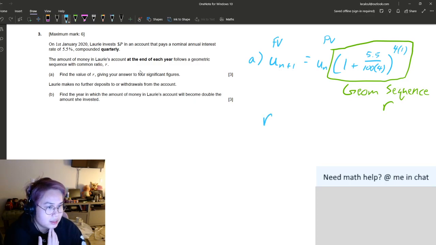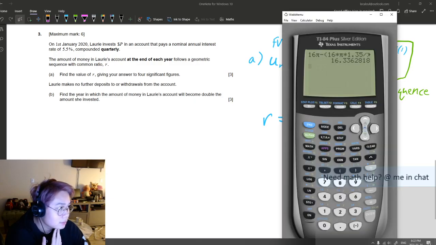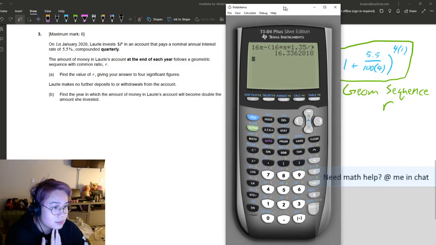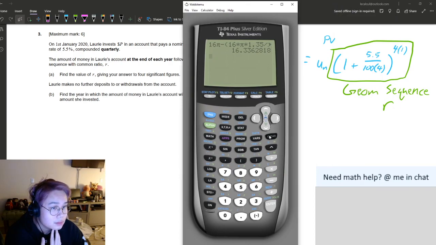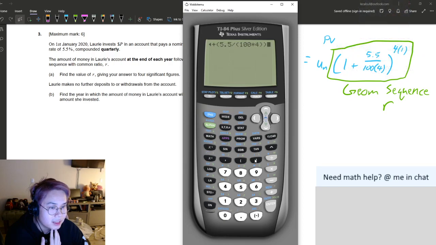And then again, put this in a calculator. So 1 plus 5.5 divided by 100 times 4, and then big bracket to the power of 4.